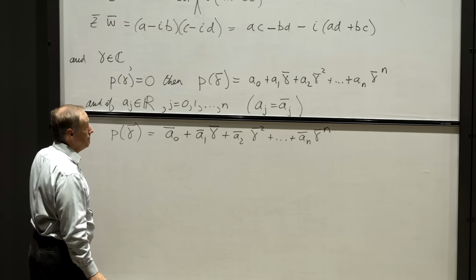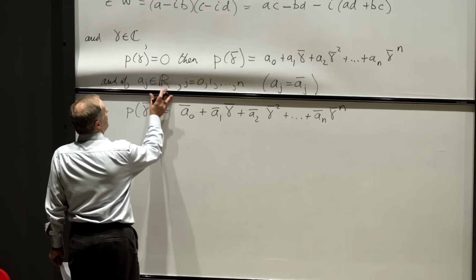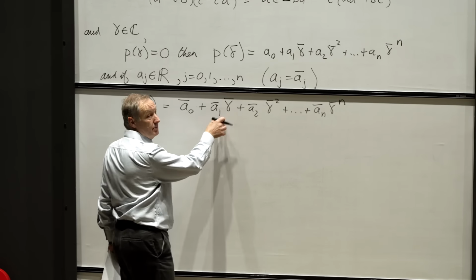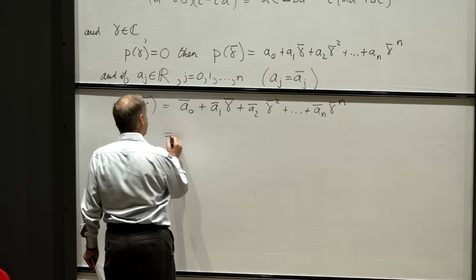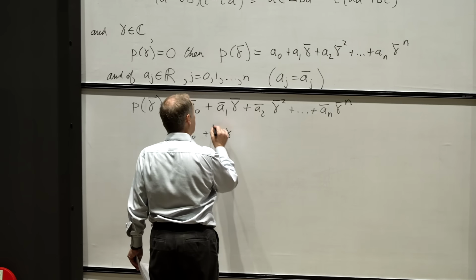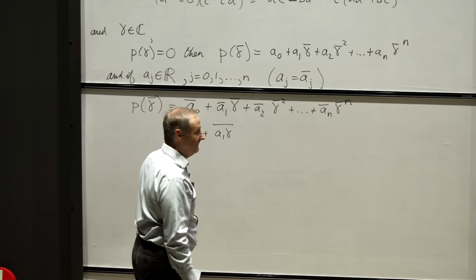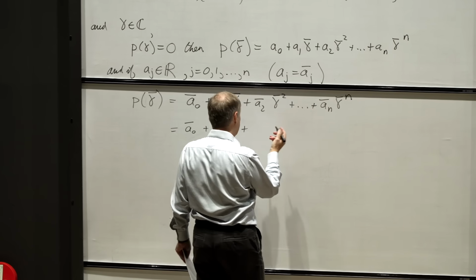But now, what have I told you about taking conjugates? I told you that the conjugate of a product is the product of the conjugates. And so I can write this as A0 bar plus A1 gamma bar. And here's just a product, got 3 items in it, but they're just a product.